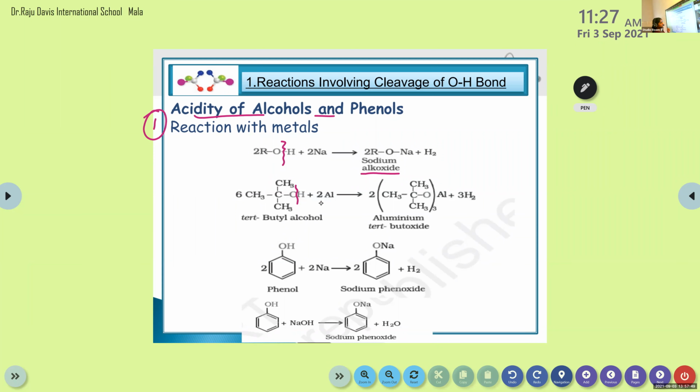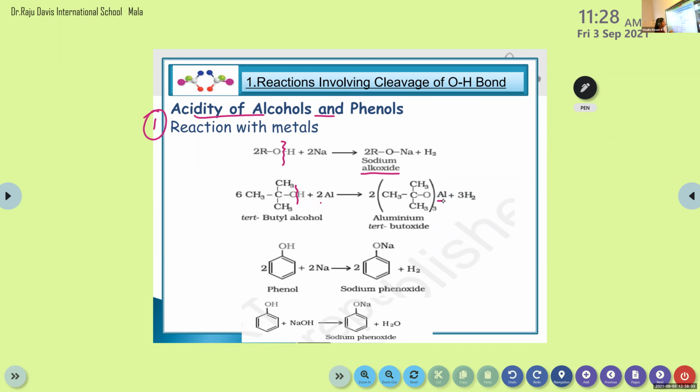No other change in the reaction. 6 tertiary butyl alcohol react with aluminium and the cleavage between oxygen and hydrogen takes place. Here aluminium tertiary butoxide will be formed. So instead of hydrogen, aluminium will replace this position. So these are the two examples for alcohol reacting with active metals like sodium, potassium, aluminium, etc. This is clear, children?